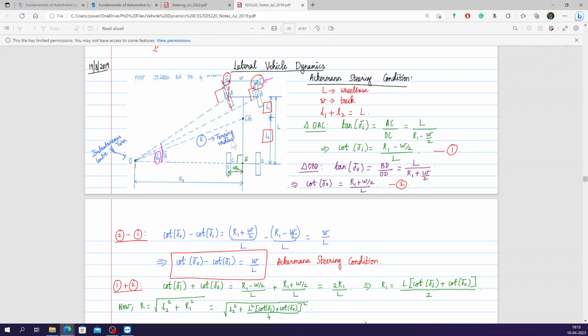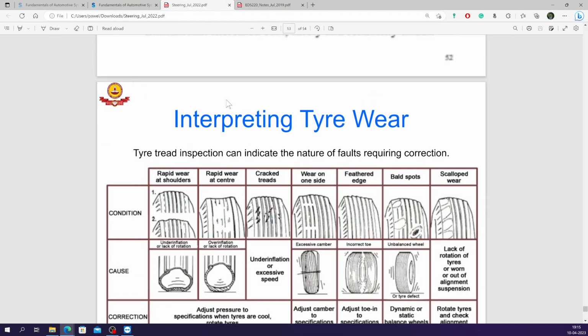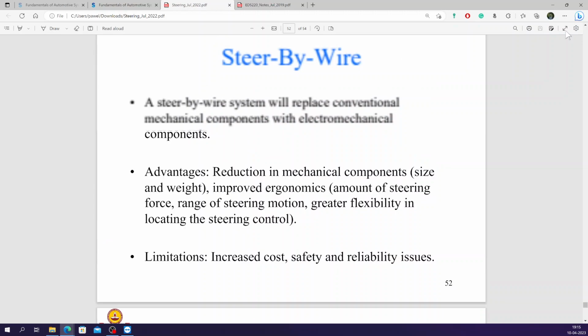Any other questions? There is a difference between caster angle and toe angle. Oh yeah, that's what you asked, right? Let's go back to caster angle and toe angle.